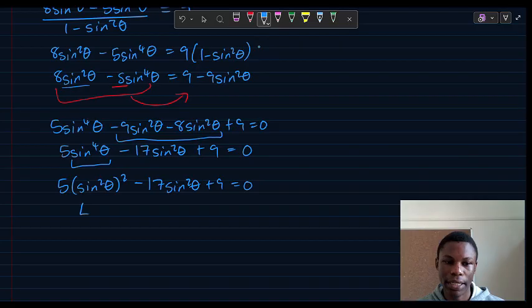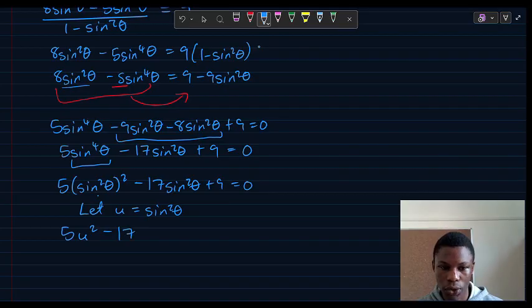So I can create a substitution and say let u equal sine squared theta. Wherever there's a sine squared theta, replace with u. So I've got 5u squared minus 17u plus 9 is 0.